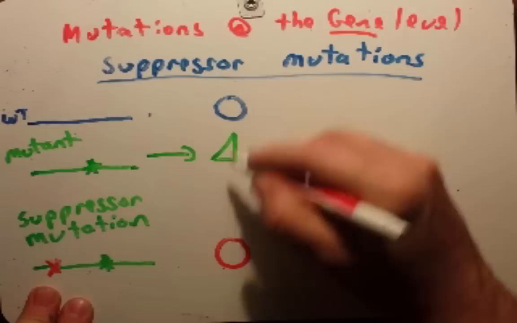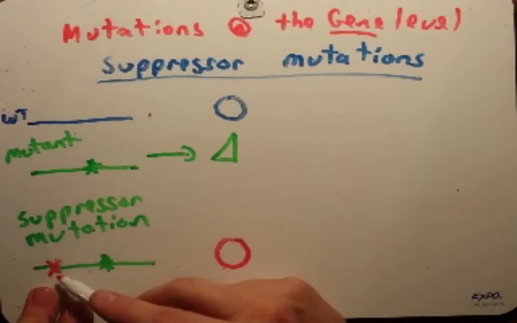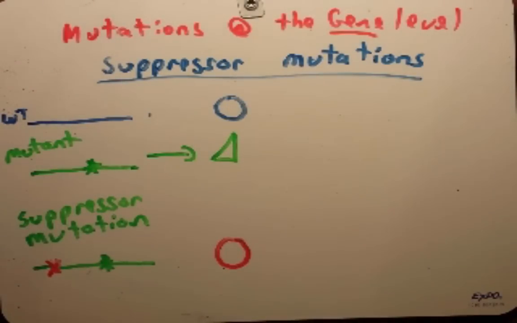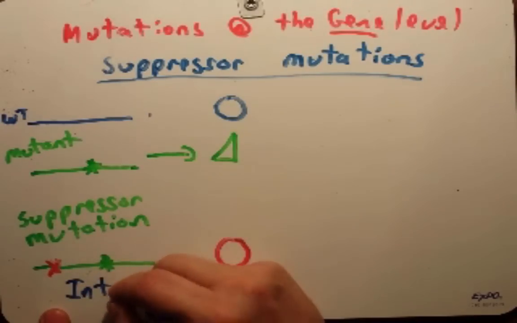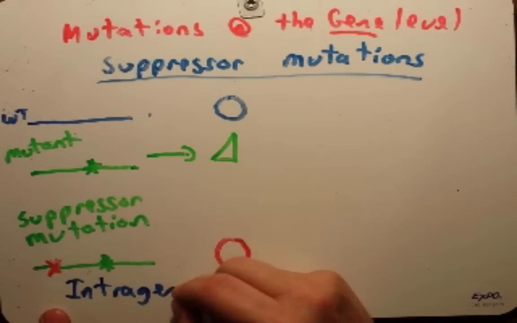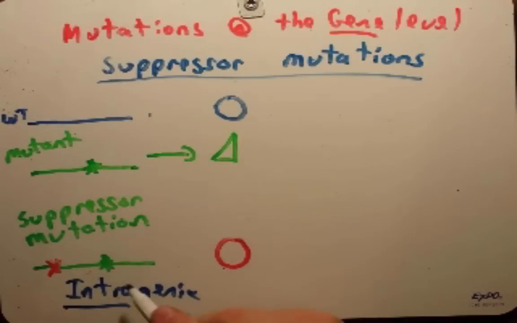And in fact, it'll fold just like it does at wild type. So it suppresses this original mutation. And more specifically, we will call this an intragenic, because it's a mutation that occurs in the same gene.